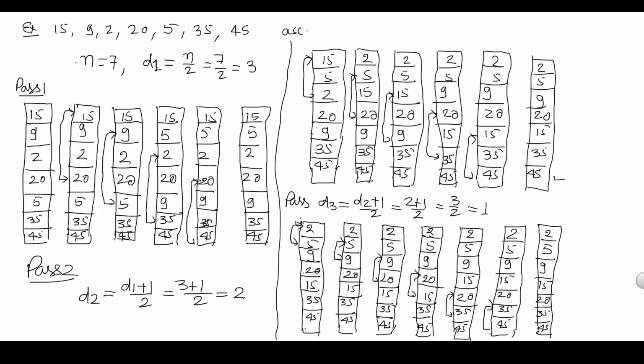And this is, we got the sorted array. So in this case, after 3 passes, we have sorted this set of values in ascending order.